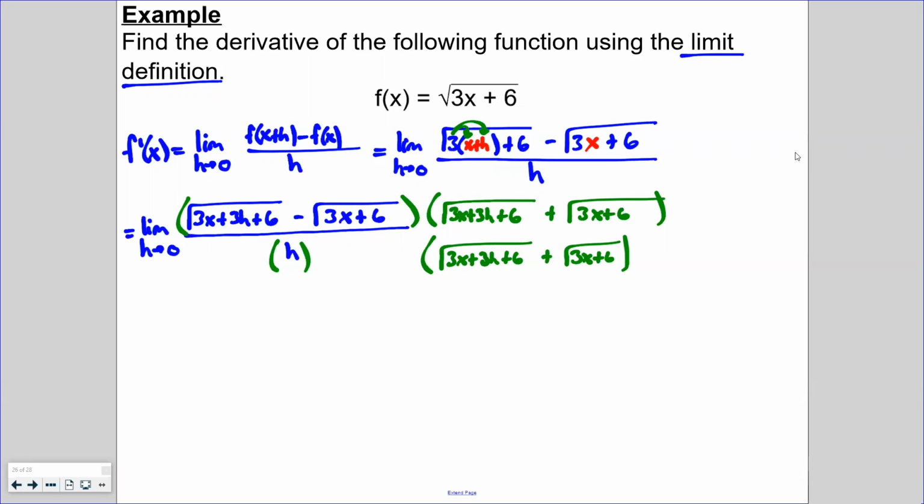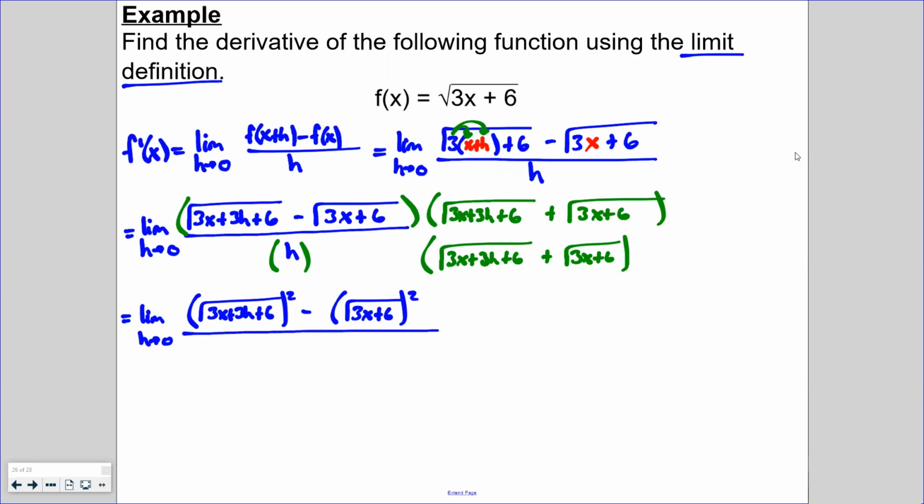All right, so we can come in here and we can have the limit as h approaches 0. And remember, there's a trick to multiplying conjugates. That trick is we take the first term, the square root of 3x plus 3h plus 6, and we square it. We take the last term, which is the square root of 3x plus 6, we square it, and we always subtract.